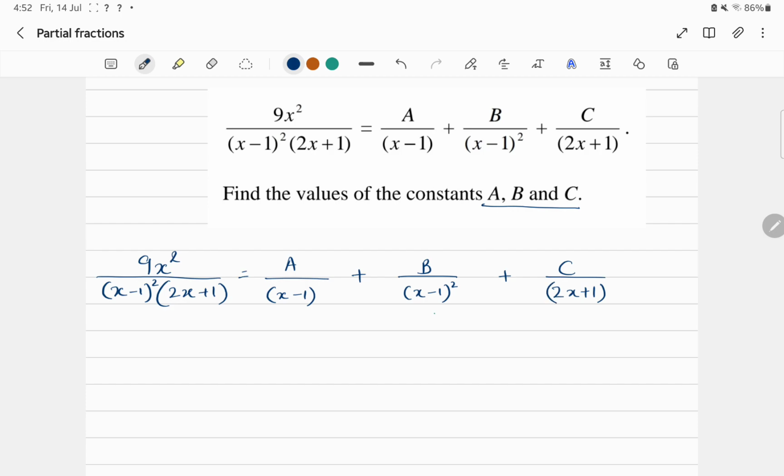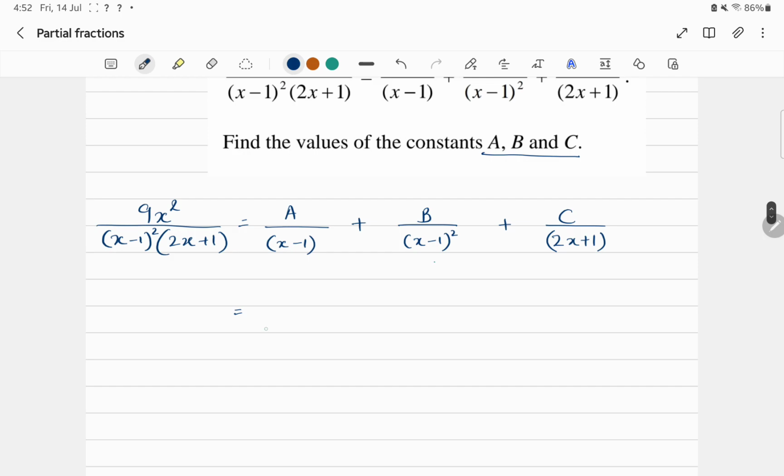All right, so first we have to have a common denominator on the right hand side. The common denominator is going to be (x minus 1) whole squared, because this here is x minus 1 twice. So we have (x minus 1) whole squared and the other one is (2x plus 1).